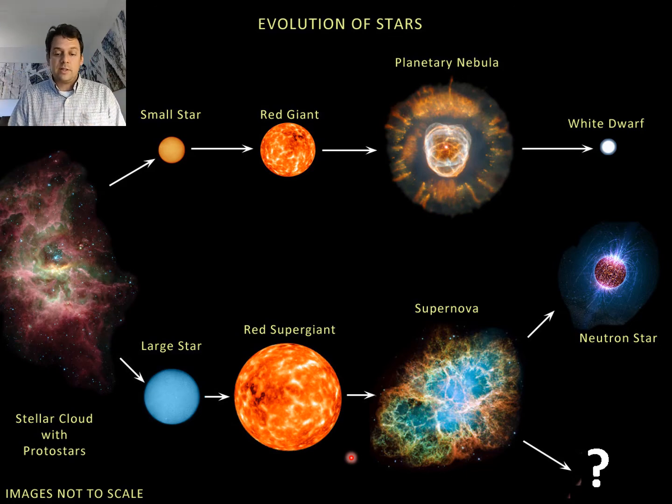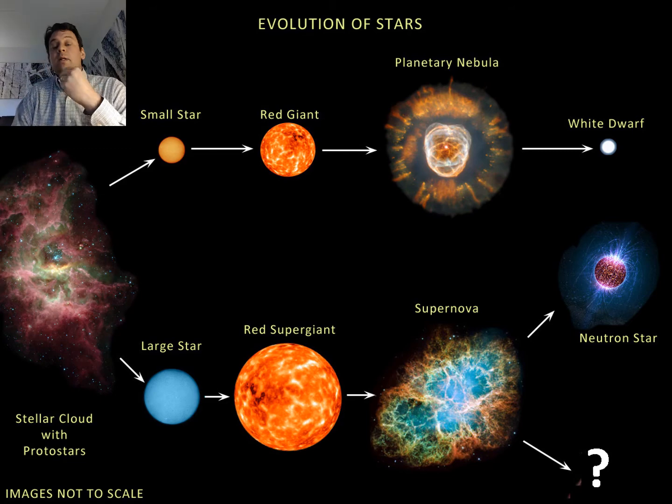And then eventually that iron core will become too massive, it will collapse and destroy the star in the form of a supernova. That supernova will take most of the mass of the star and throw it out into the universe, but it will leave behind a small remnant, which is very often a neutron star that we just talked about, but not always.